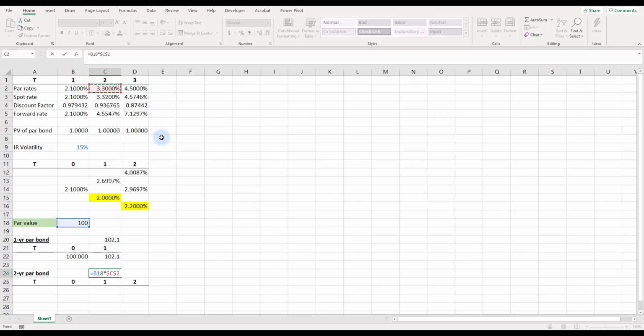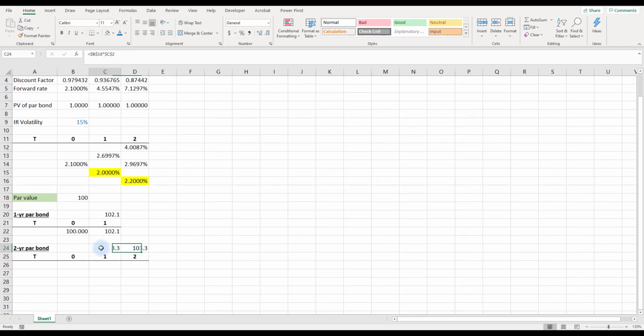So I'll lock that in. Okay, and then I'll copy over. Of course it will run here because I didn't lock it in, so let's lock it in as well here. So let's copy over. So that's 3.3, but we have a par value, so I'll just add in the par value. Okay, lock it in again. So we have 103.3. Okay, so that gives us the cash flows for this 2 year par bond.